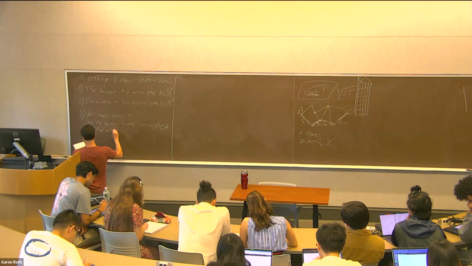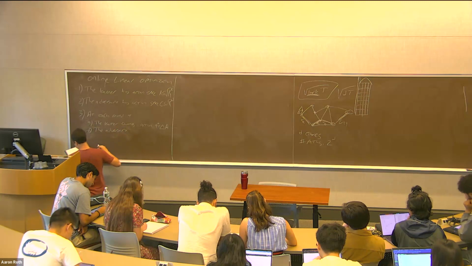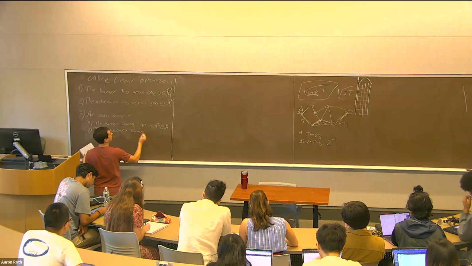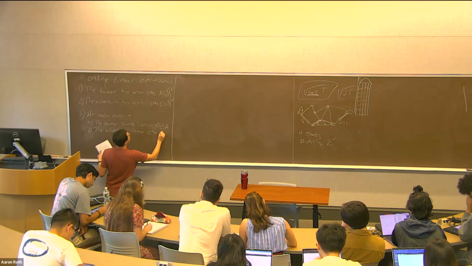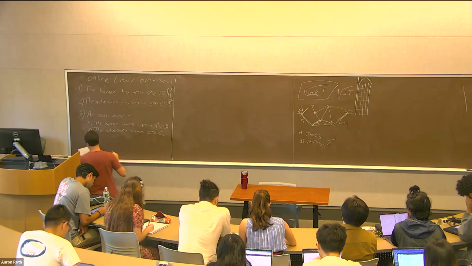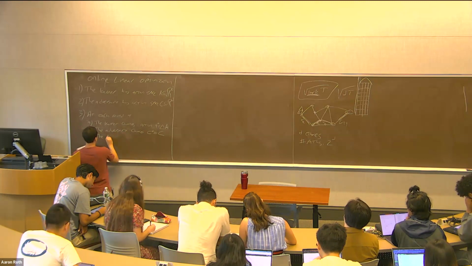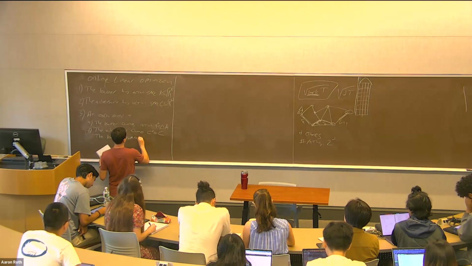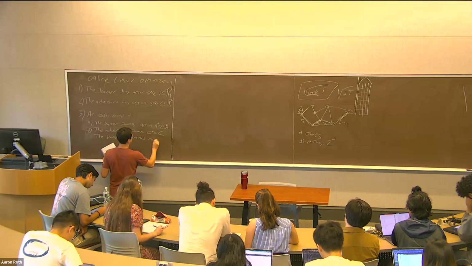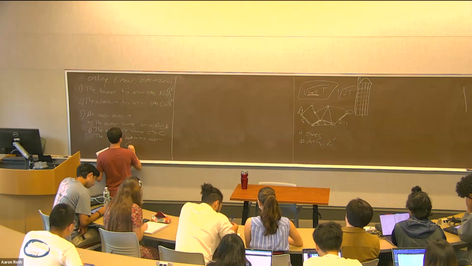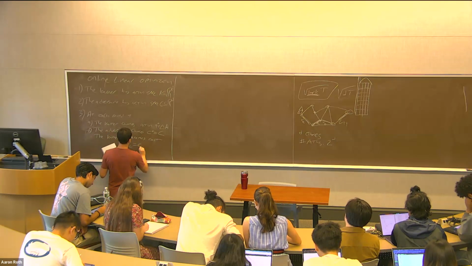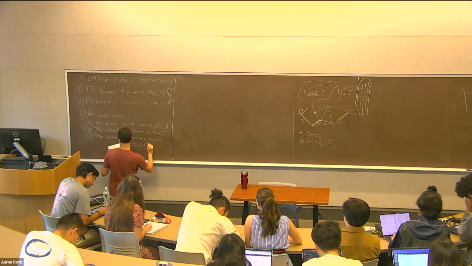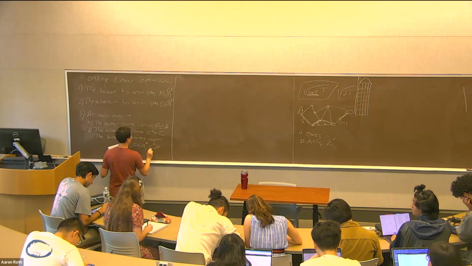The adversary then chooses a cost vector in C, and the learner experiences cost c_t, which is the inner product between their action and the cost vector.